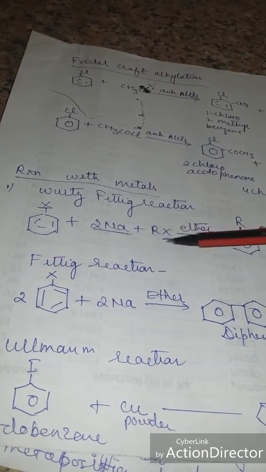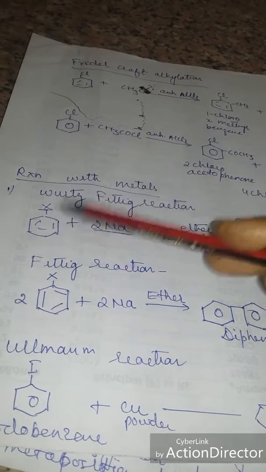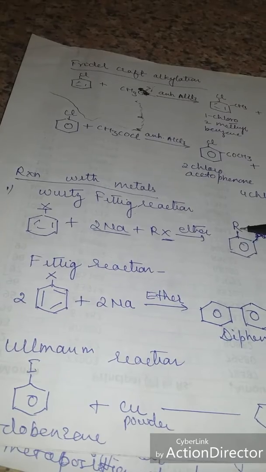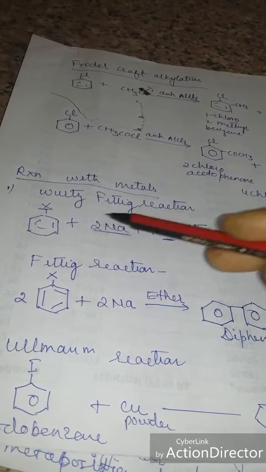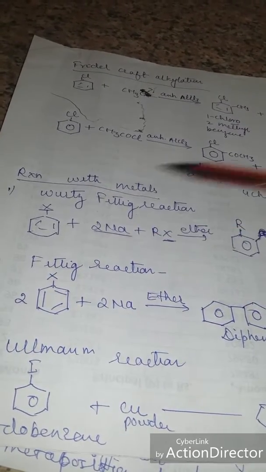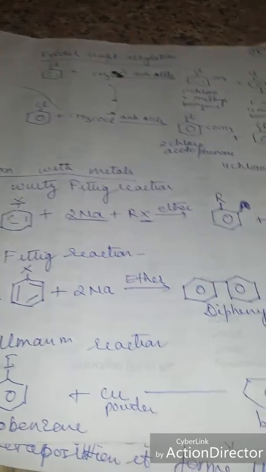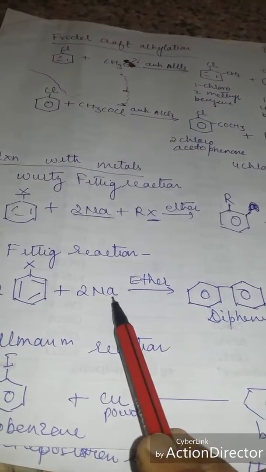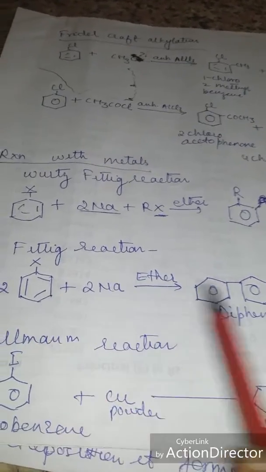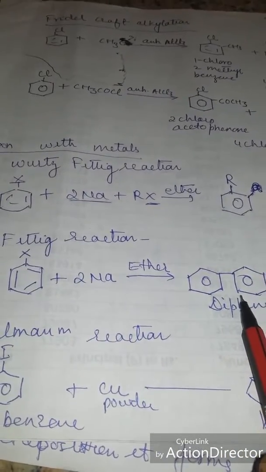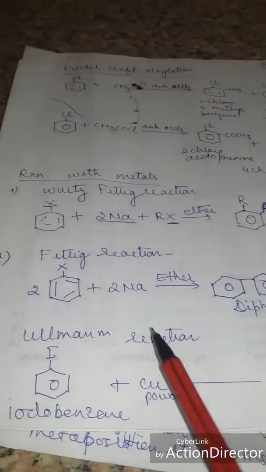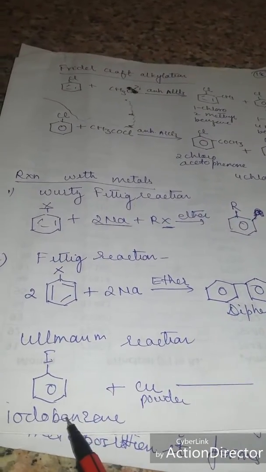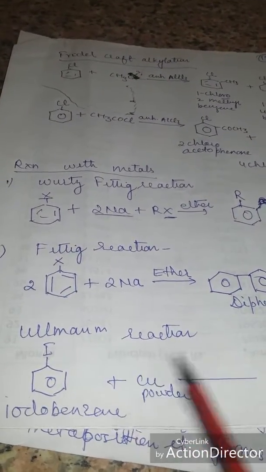So the alkyl group will be replaced here, and NaX, one X from here, is lost, giving you this product. Similarly, if you take two of these, you will get a diphenyl here. And in Ullmann reaction, you are treating iodobenzene with copper powder, you will get biphenyls.